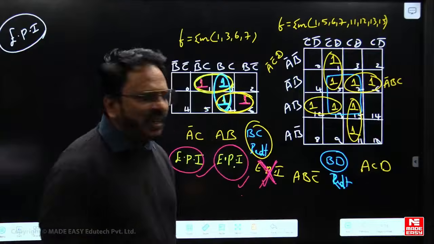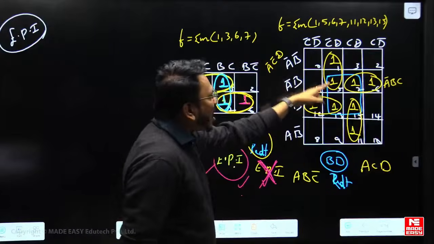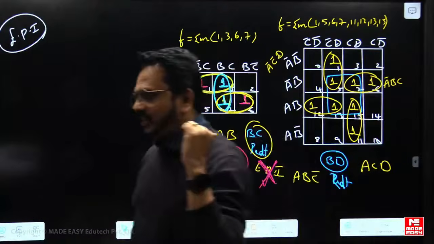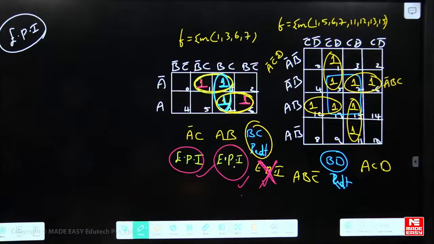Now, based on this knowledge, you tell me in this one, what are the essential prime implicants we got in that example? You please tell me.